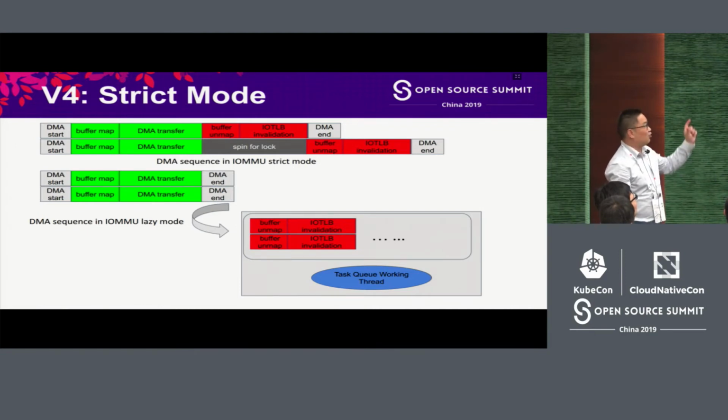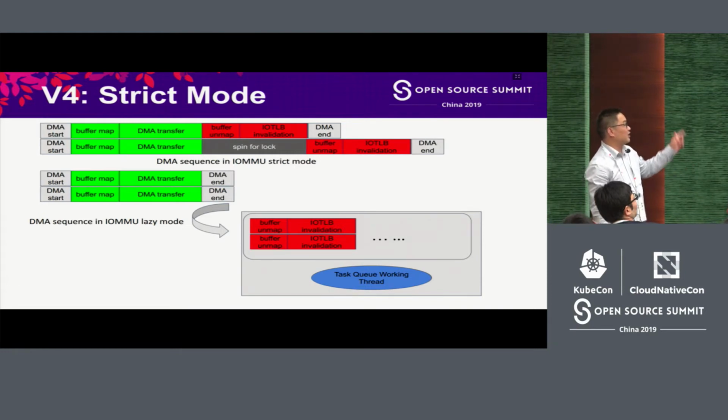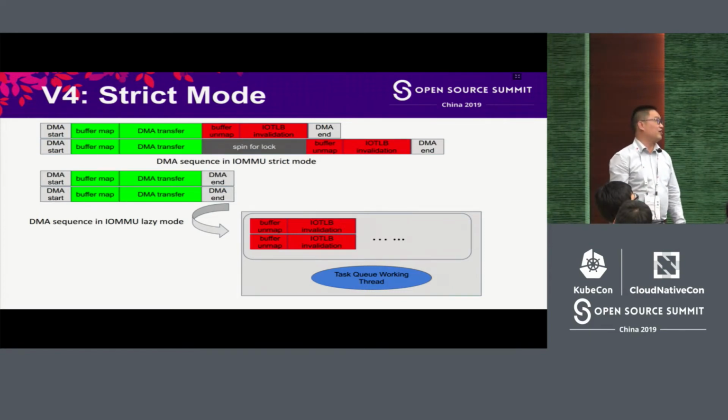Then they propose that we shift the red part and break it down into different tasks. And we have a task queue, and we will make the DMA like this. First buffer map, DMA transfer, and then DMA end.